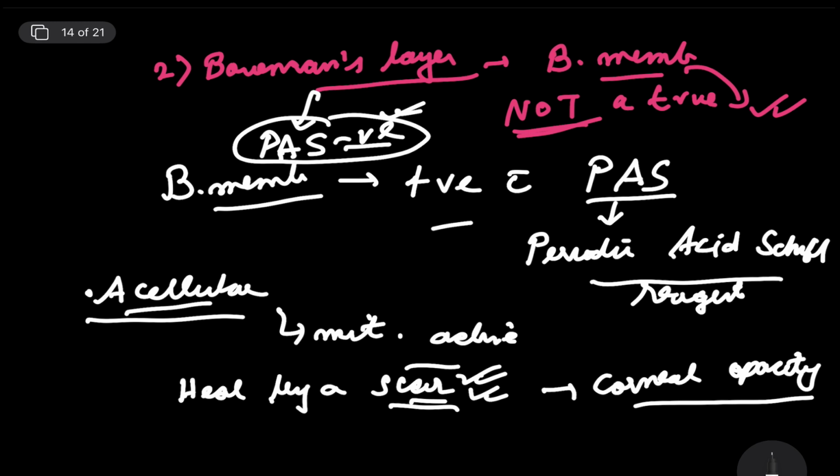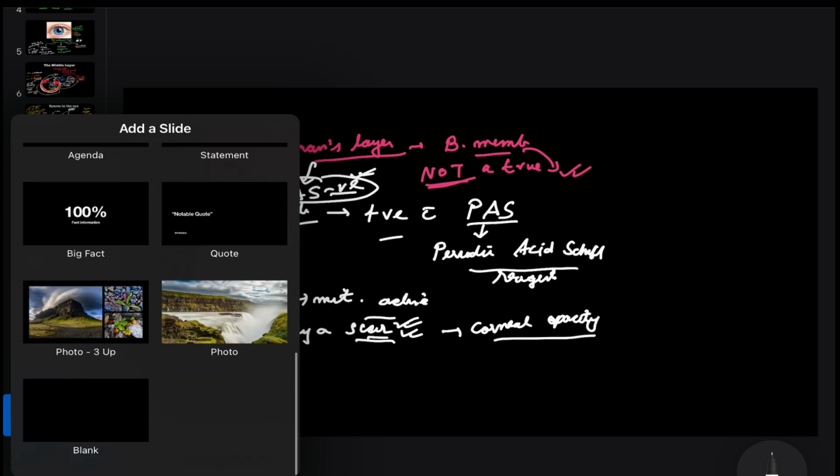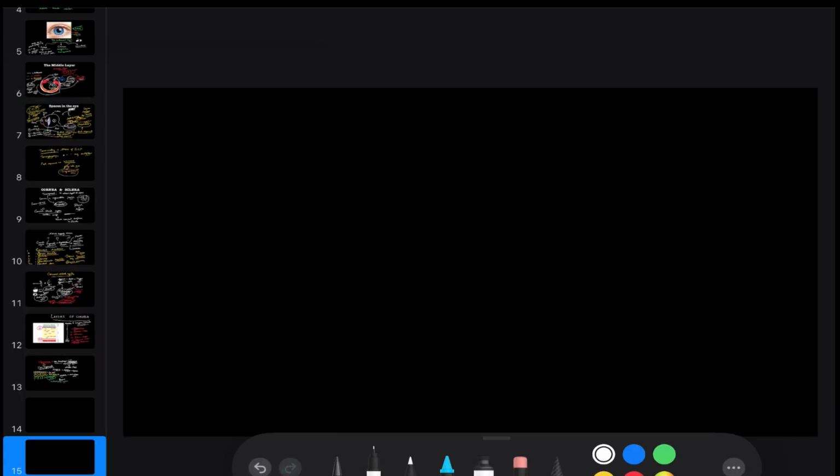Now, let's move on to the next layer. The next layer is the most important layer, or rather the most abundant layer in the cornea, the corneal stroma. Stroma means the withholding body.